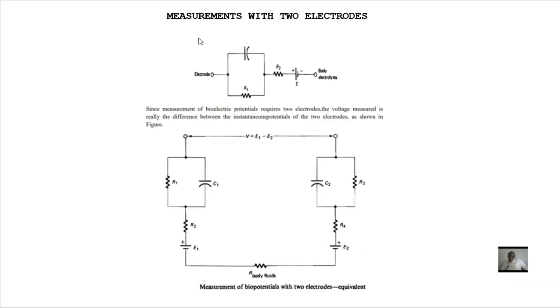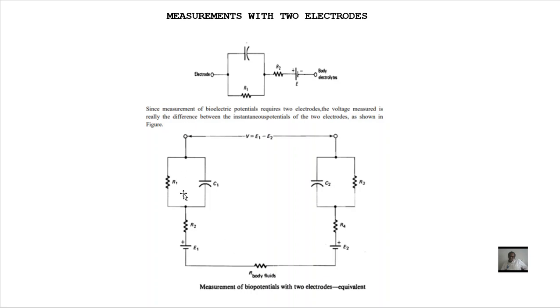So this is measurement with two electrodes. We have already studied the electrode potential. This is the equivalent circuit of the electrode, and this is the equivalent circuit of the other electrode. Both electrodes are immersed in the body fluid or electrolyte.